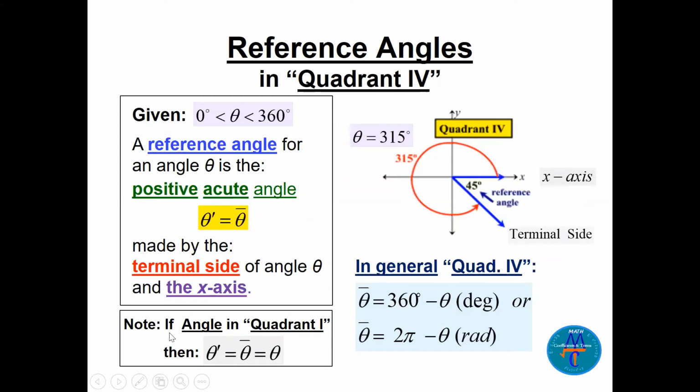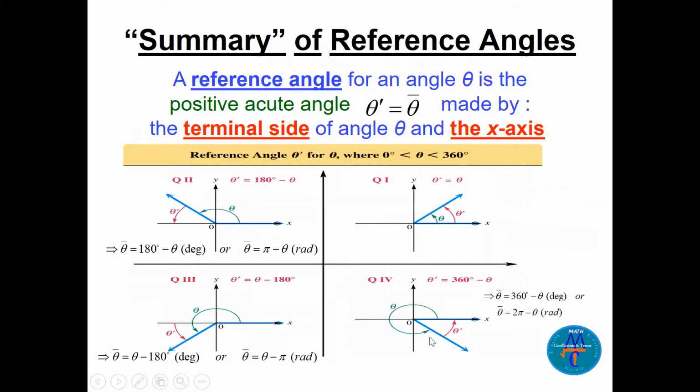Just a note here: if the angle lies in quadrant 1, then theta is the same as theta prime, like 75. The angle and the reference are the same in quadrant 1, remember.